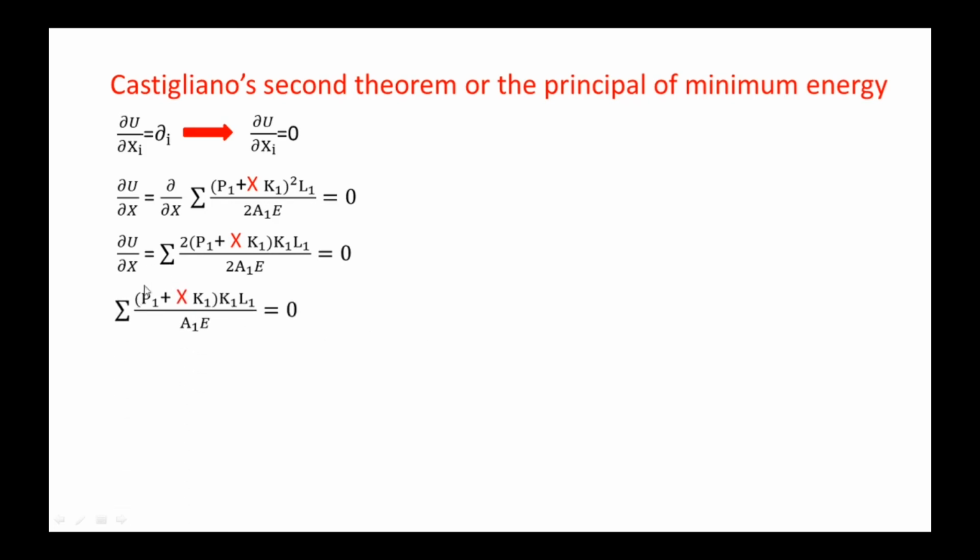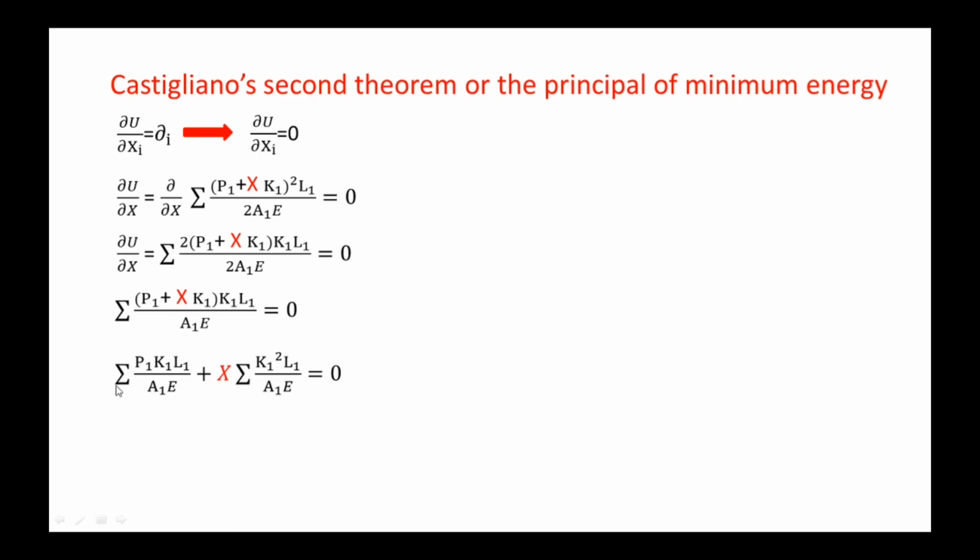So the 2 cancels out. So the summation of (P1 plus X into K1) bracket complete, K1 into L1 divided by A1 into E, is equal to 0. Now we separate these two terms: K1 L1 into P1, and K1 L1 into X into K1.